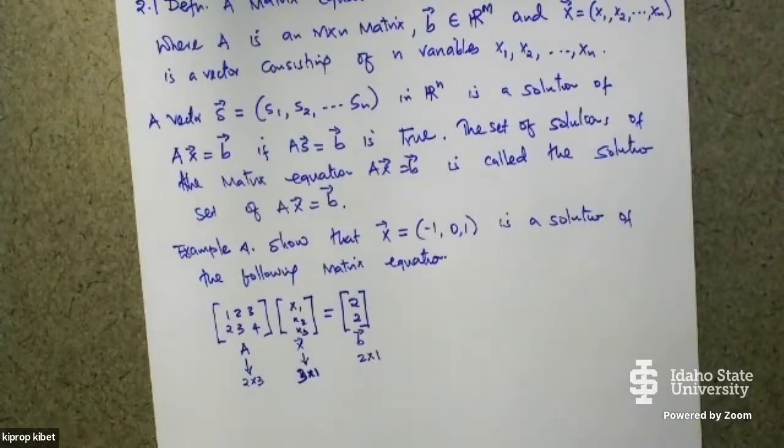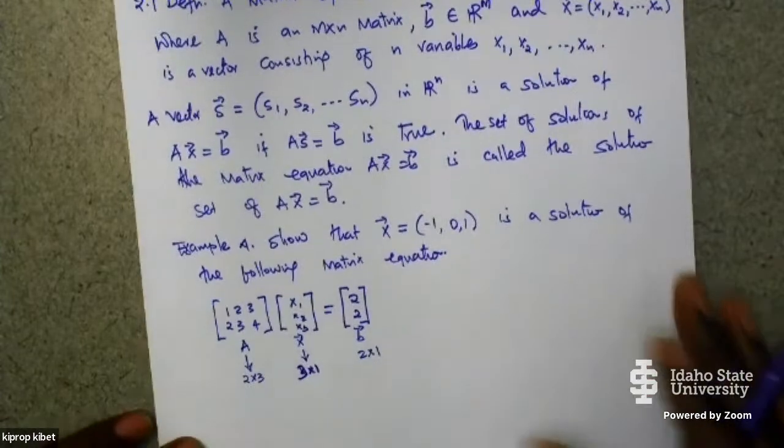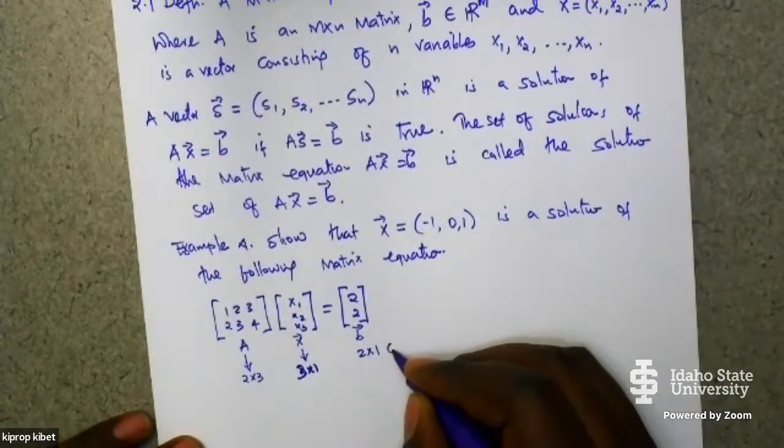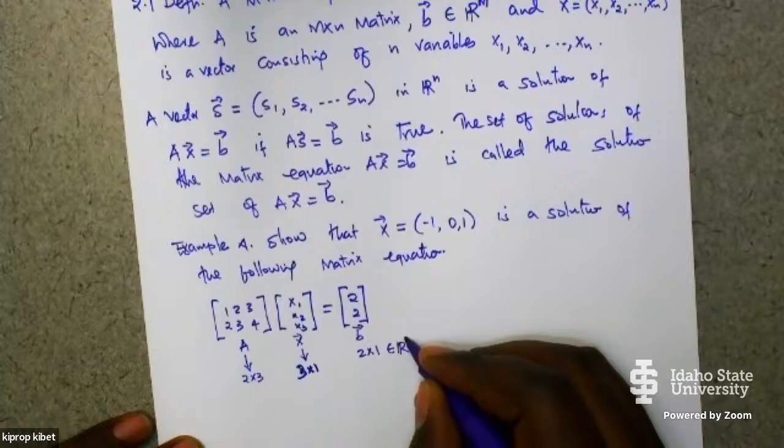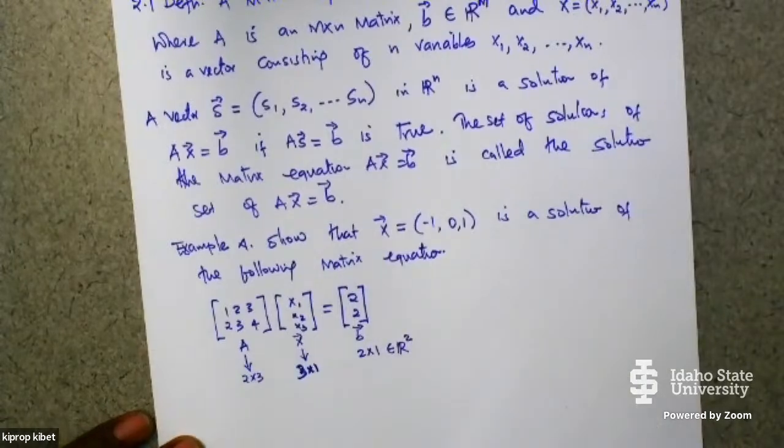So this is an element of what? R2, as we have 2 entries there.